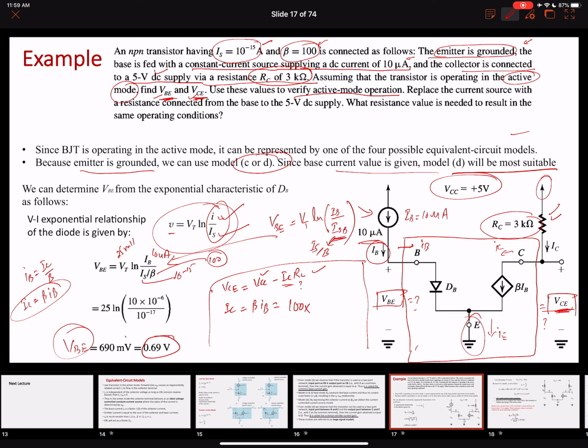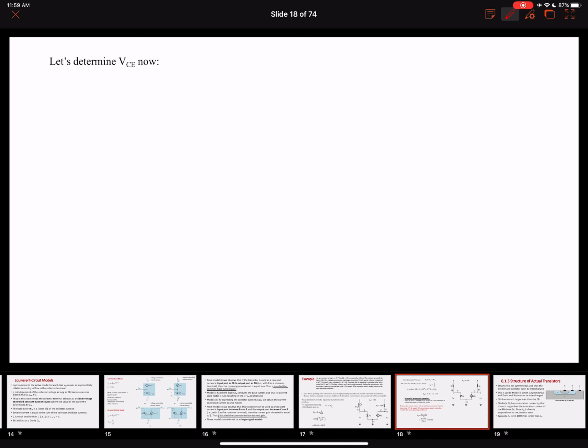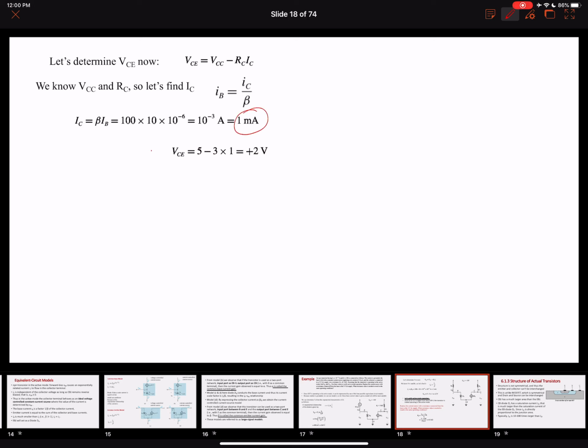The base current is 10 microamperes. So 10 to the 3 times 10 to the minus 6, which is 10 to the minus 3, so it should be 1 milliampere. We can put down this value over here now to find the value of VCE. So this is the IC value, and our value of VCE comes out to be plus 2 volts.